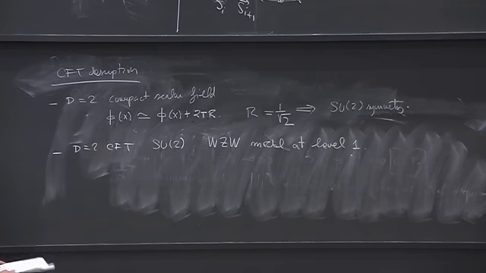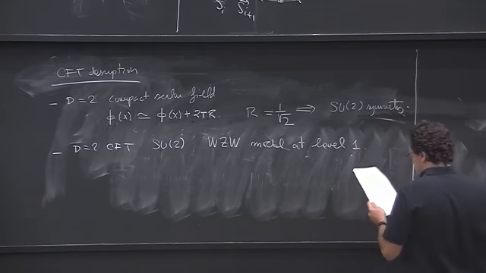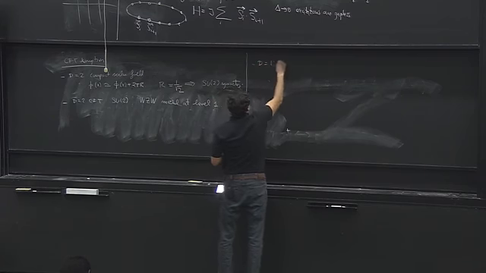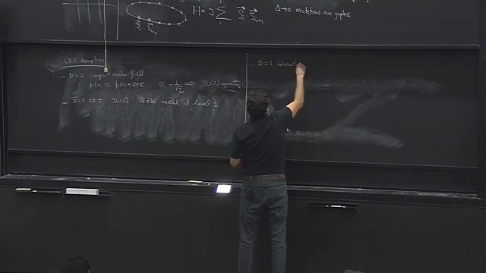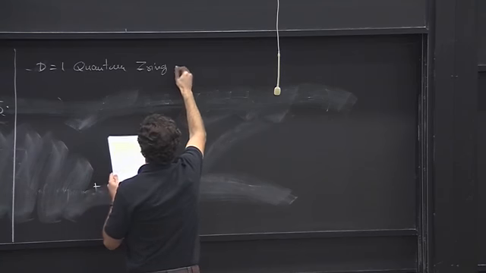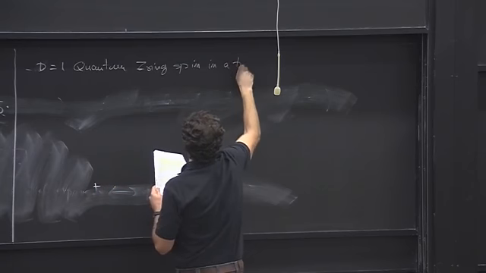Okay? The other example I want to give you, and with that I'll conclude this part, is the one-dimensional quantum Ising spin chain in a transverse magnetic field.